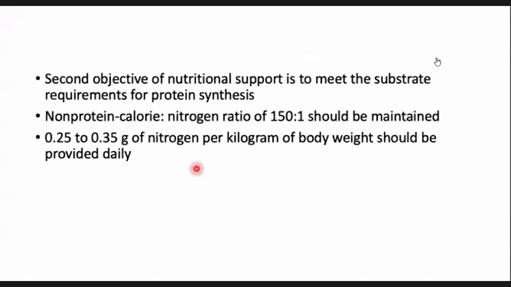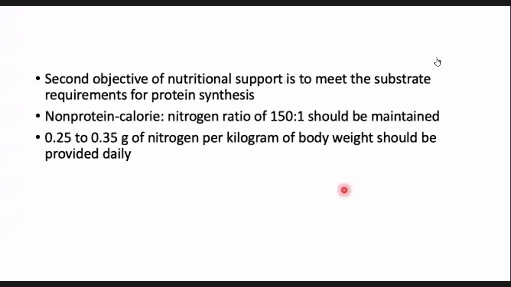As mentioned here, the non-protein calorie to nitrogen ratio should be maintained at 150:1, and 0.25 to 0.35 grams of nitrogen per kilogram of body weight should be provided daily.